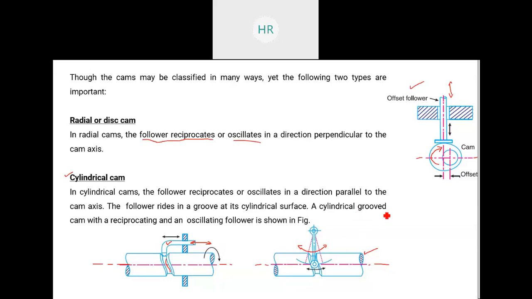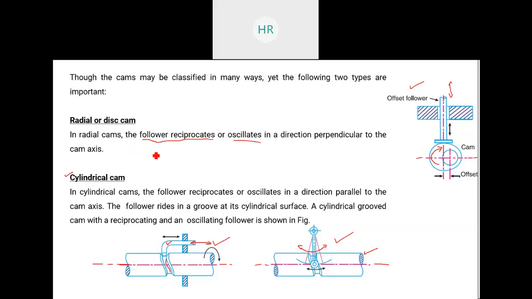A cylindrical grooved cam with a reciprocating and oscillating follower are shown here. This one is reciprocating and this one is oscillating follower. So this is the important classification of cams.